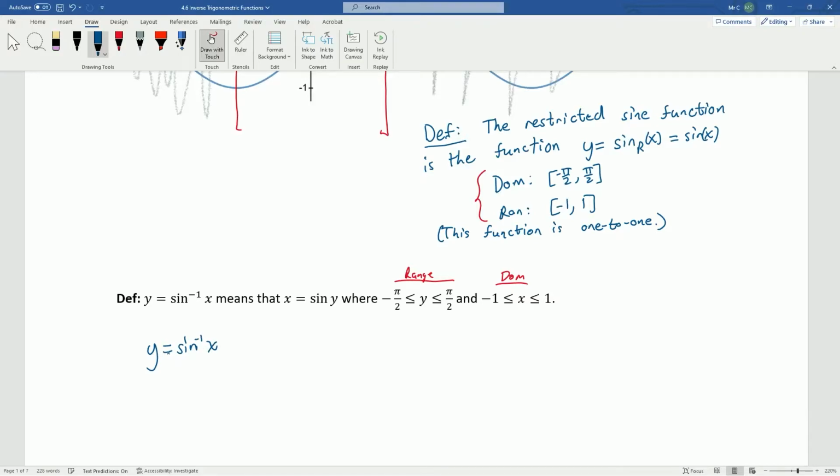So if I say y equals sine inverse of x, sort of think of this like, what angle y between negative pi over 2 and pi over 2 gives x as the value for sine of that angle.